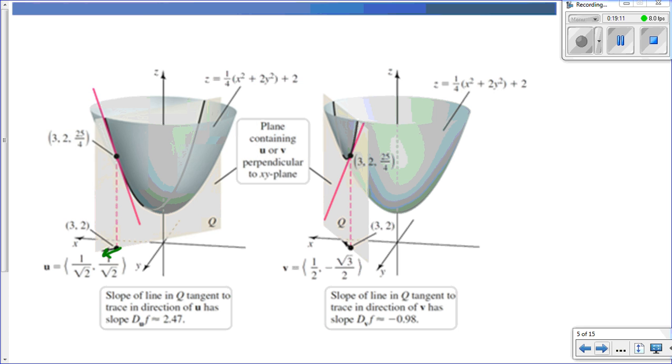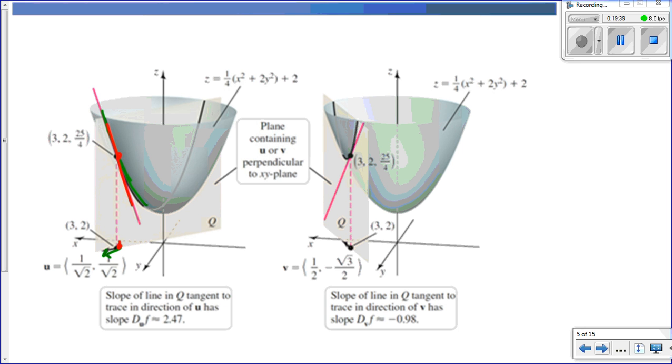If you took the curve that would be the trace up here on the surface, what we're finding is the derivative at the point corresponding to (3, 2). Here's the point up here, (3, 2, 25/4). We're finding the derivative of the curve, which is the slope of this tangent line.